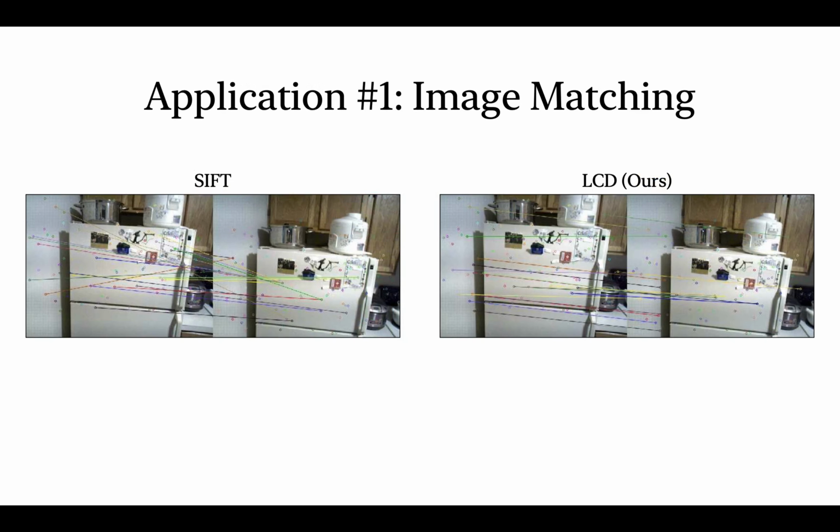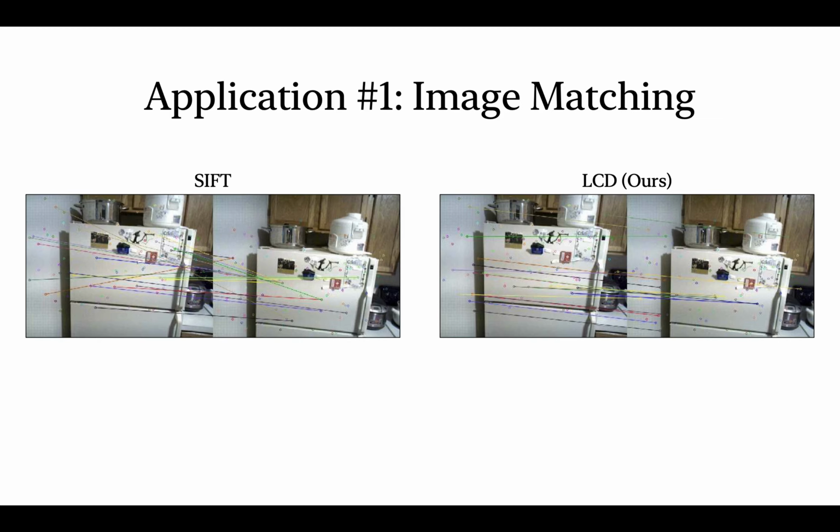We first evaluate our descriptor in a classic 2D computer vision task, image matching. Since we are only interested in the performance of the descriptor, to give a fair comparison, we use the same keypoints for all of the descriptors. Matching between two images is done by finding the nearest neighbor.